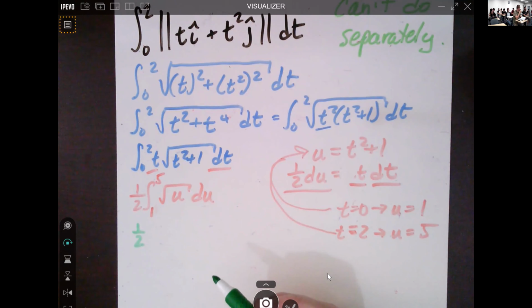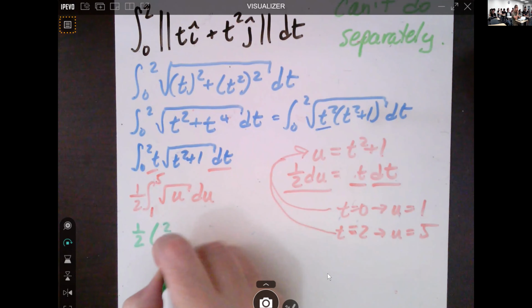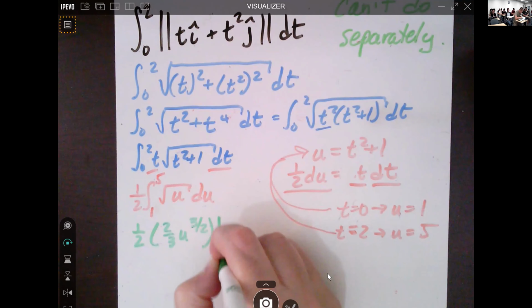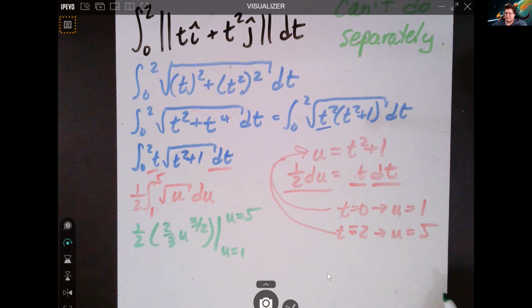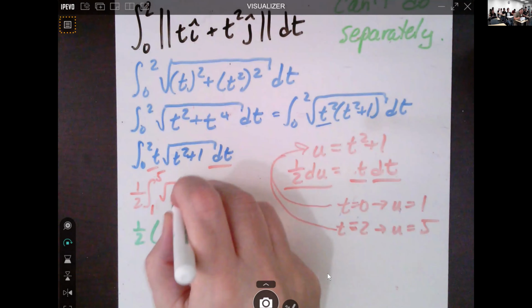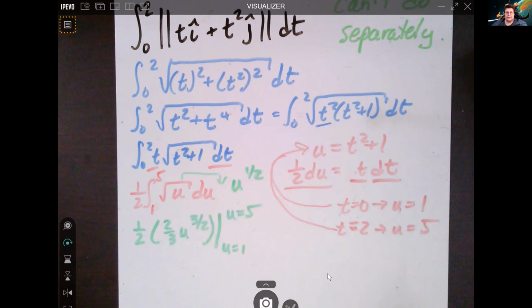That's 2/3 u to the 3/2. Does everyone agree with that? Yes. And you get that by rewriting square root of u as u to the 1/2 and going from there.